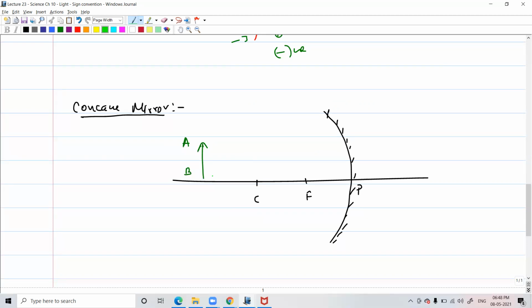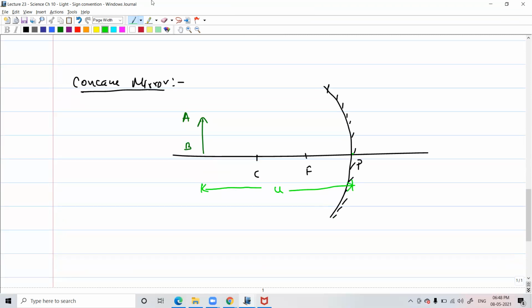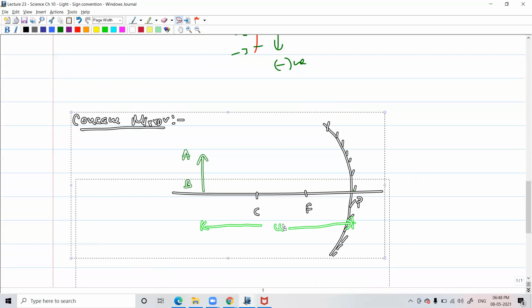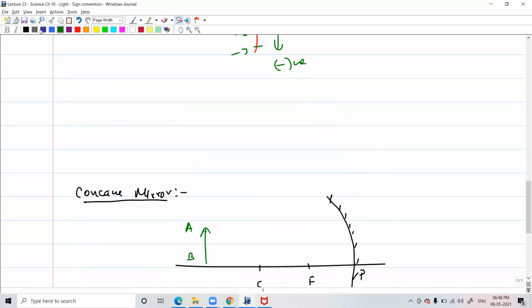And if this is the object, the distance of this object from the pole is represented by the letter U. What is U? Distance between object and pole. And these naming conventions which I'm using are not just applicable for concave, but for all the mirrors. So I'm going to put this figure a little bit down, and I'm going to write all these things together over here as a note.